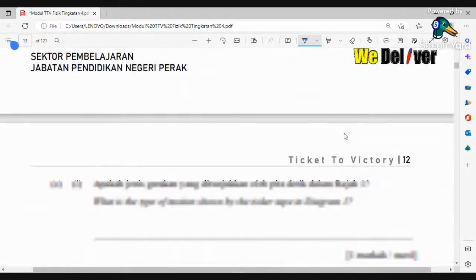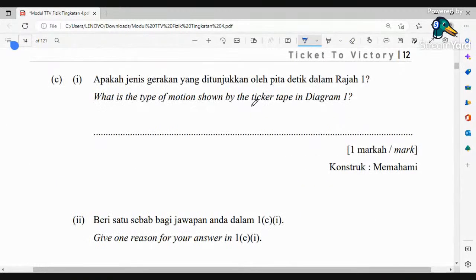Part C. What is the type of motion shown by the ticker tape in diagram 1? For a question about type of motion, you must understand what to use to answer. Type of motion means the kind of movement.